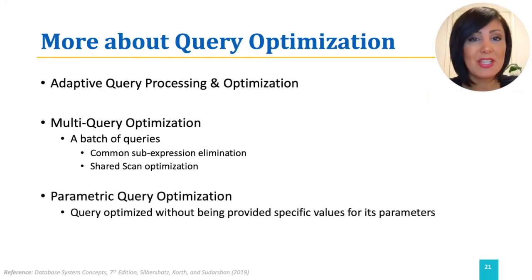Parametric query optimization is another interesting topic to explore. Sometimes we cache query plans to reuse them again. When the cached plan is being reused, some parameters for it, for example, the constants in the comparisons, might be changed. For example, imagine we have a university database and assume a query that takes a department name and retrieves all the courses offered in that department.